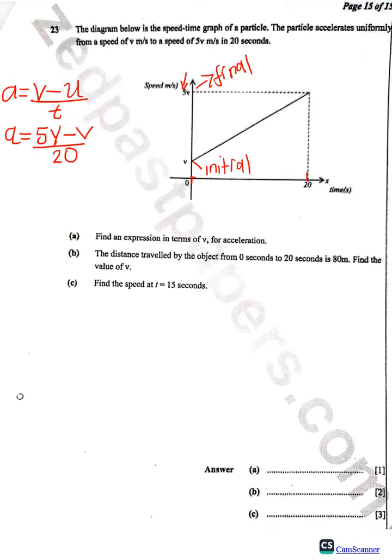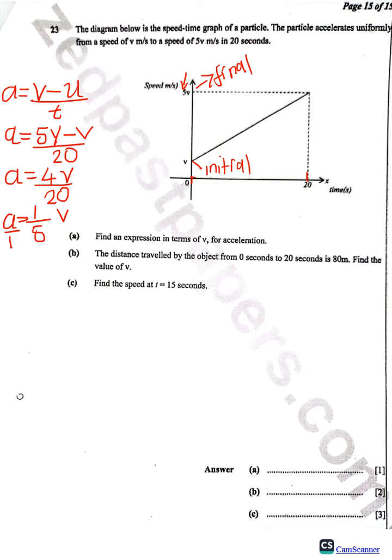So we have a is equal to 5v minus v. These are like terms, so we can subtract, which gives us 4v over 20. Let's reduce. 4 into 4 is 1, over 4 into 20, that is 5.